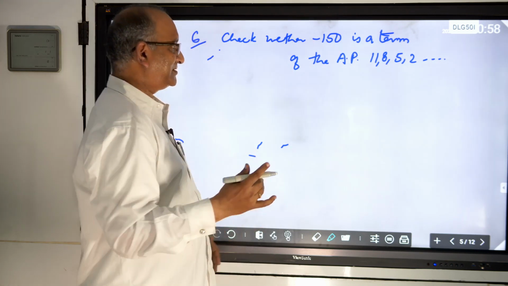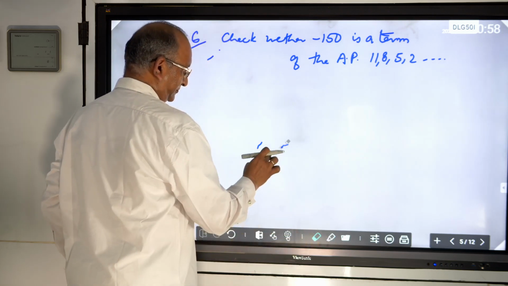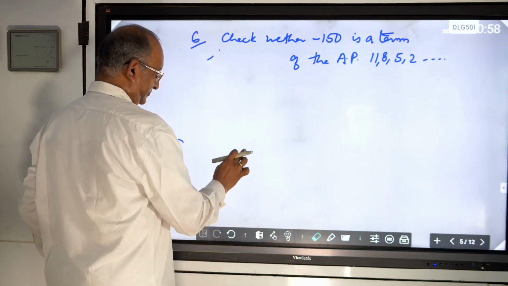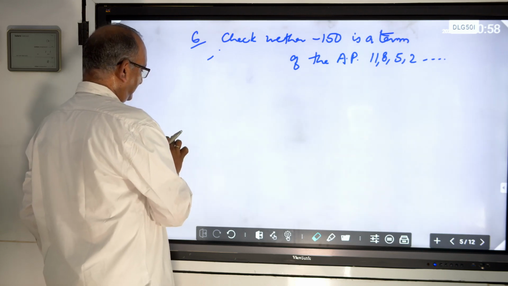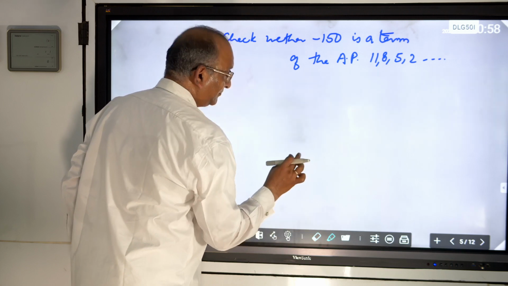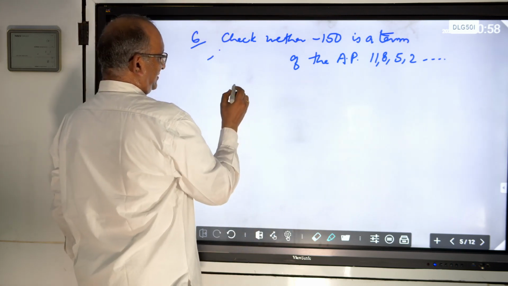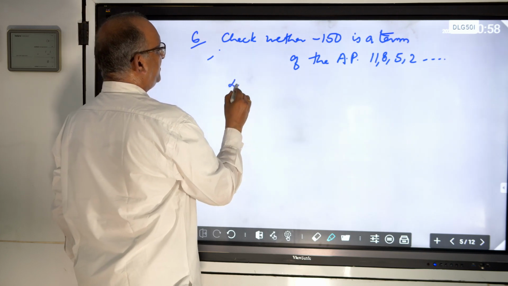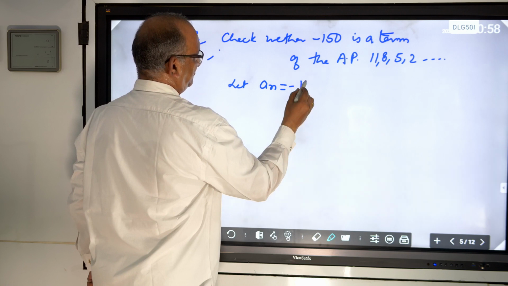So let us solve this. Here, for this particular problem, we are assuming that nth term is minus 150.